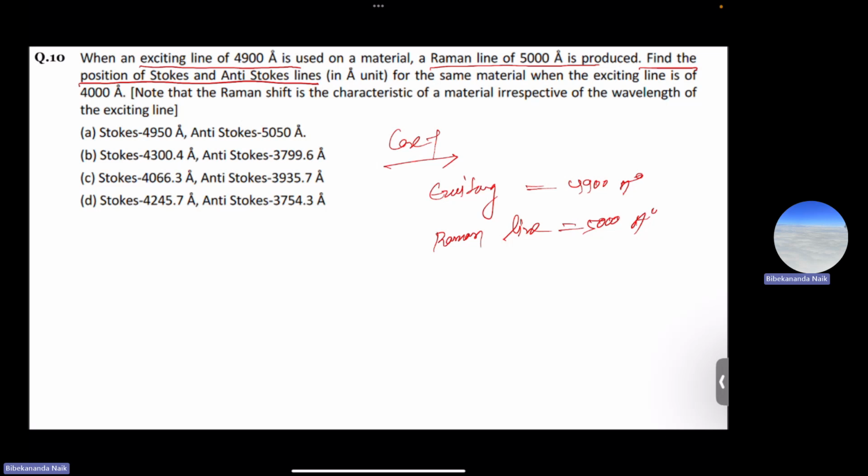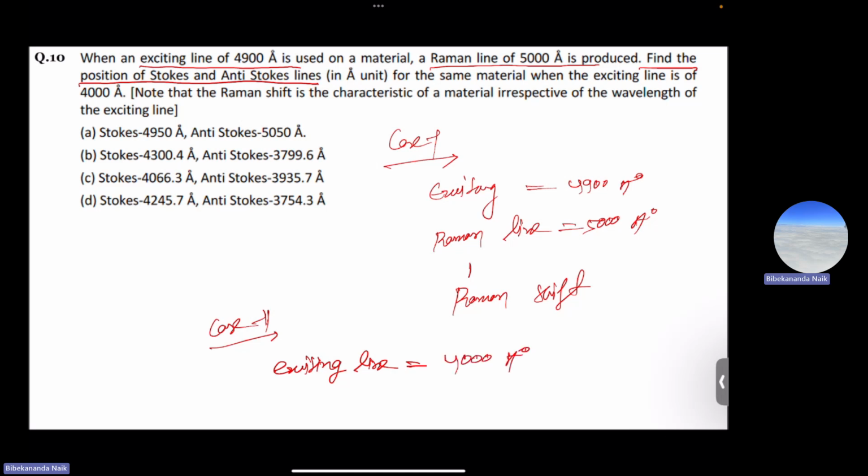So here we need to find out the Raman shift, and for case 2 it says the exciting line is 4000 Angstrom.